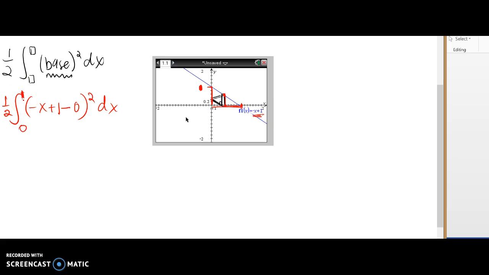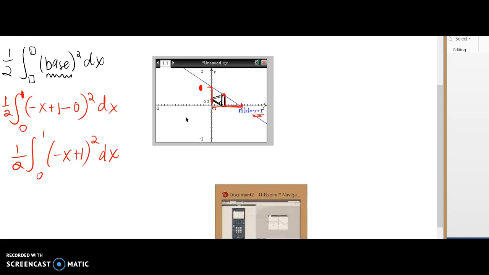And that's about it. We were told this was a calculator active question, so if I wanted to clean this up, I would simply have the integral from 0 to 1 with that 1/2 out front of negative x plus 1 squared.